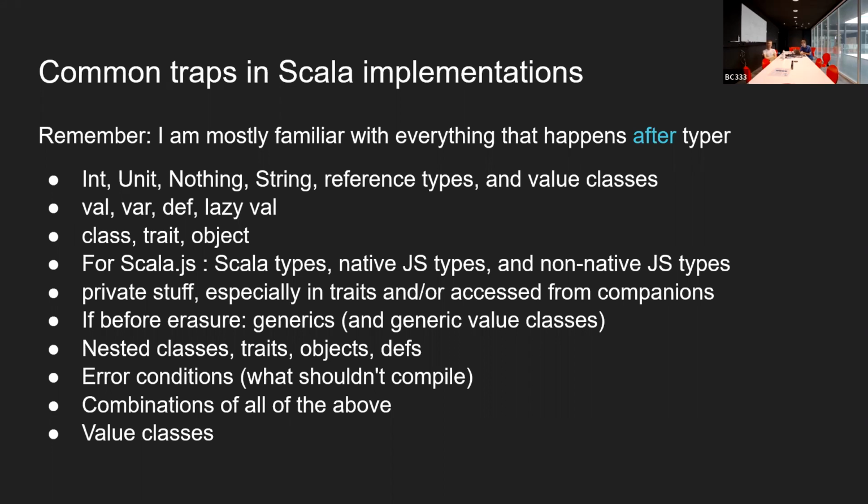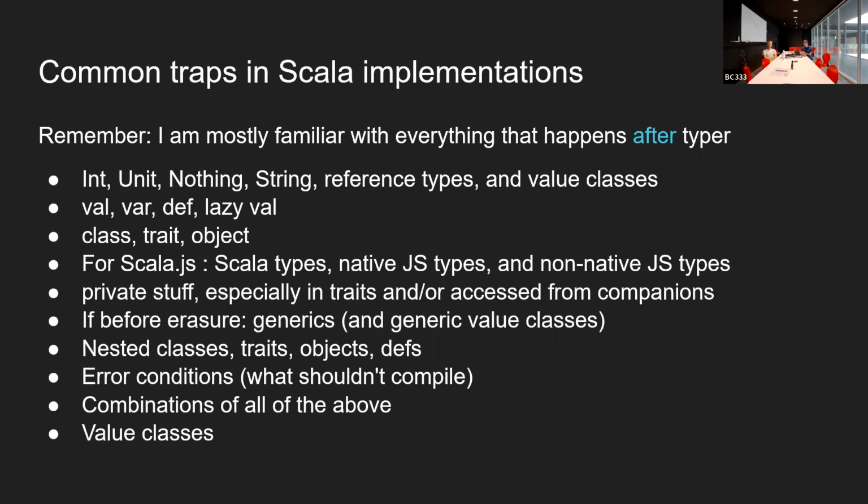Another set of things to exercise is val, var, def, and lazy val, because although at the source code level, at the language intuition level, they're very similar, in the compiler, they trigger different code paths everywhere, and so they will likely break what you initially wrote.